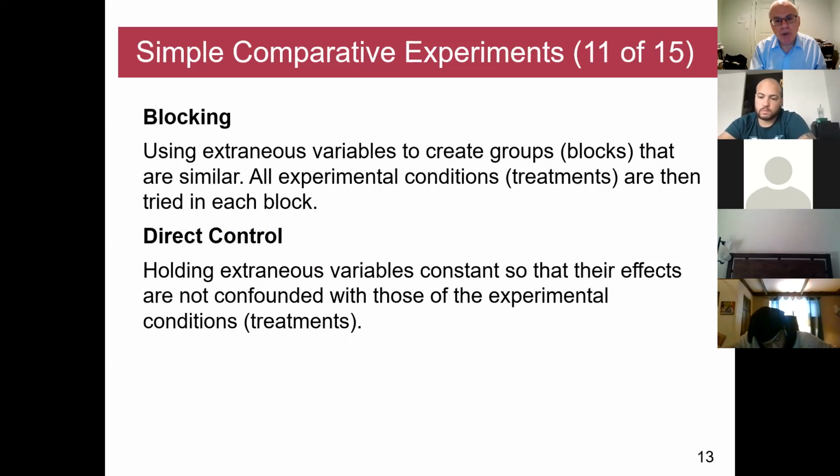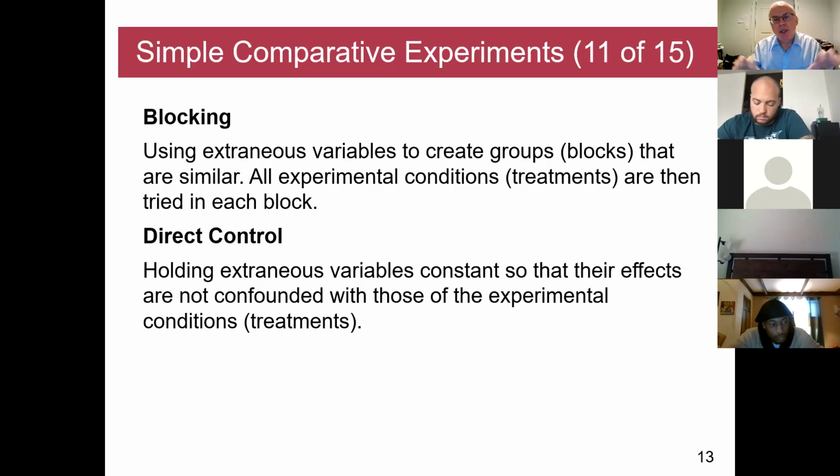And blocking, again, what does that do? It creates these additional groups that we create before we assign the treatments. It's similar to the idea in observational studies of creating stratified sampling, creating these strata, these groups.